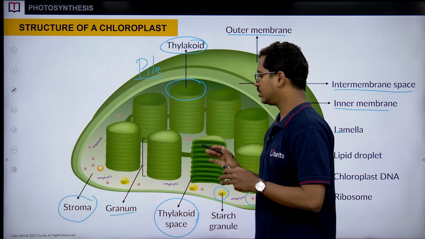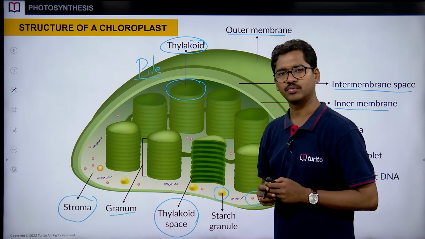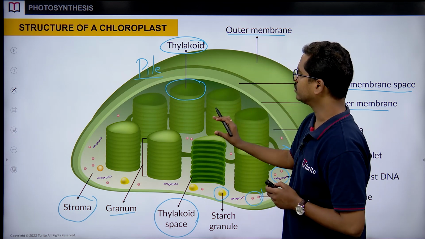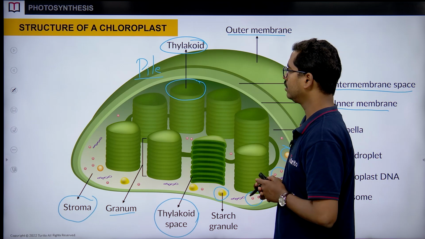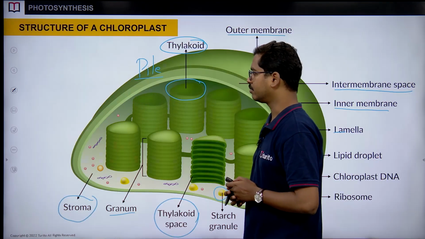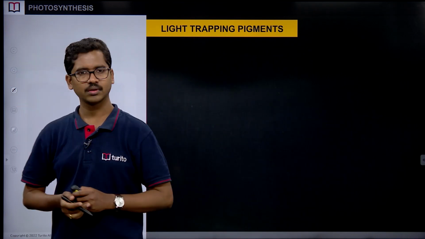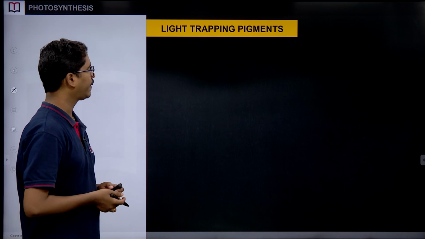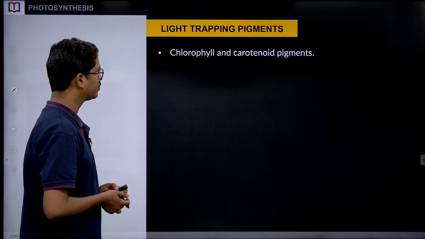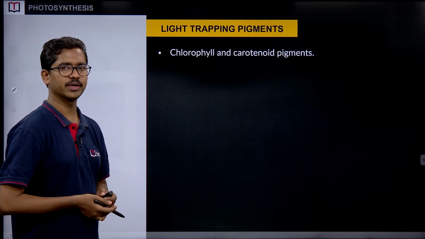So, hope you refreshed yourself with this particular structure. Let us move forward in understanding the light trapping pigments. Here, if you observe, there are mainly two types of light trapping pigments.